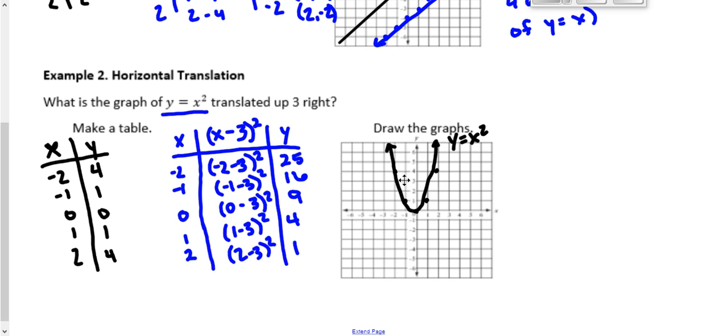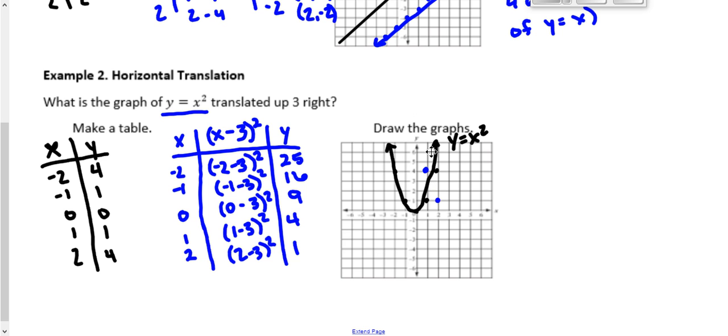So at 0, we would be at 9, which is off our graph. Our negatives are way off our graph. Our positive value 1 would be at 4. Our positive value 2 would be at 1.